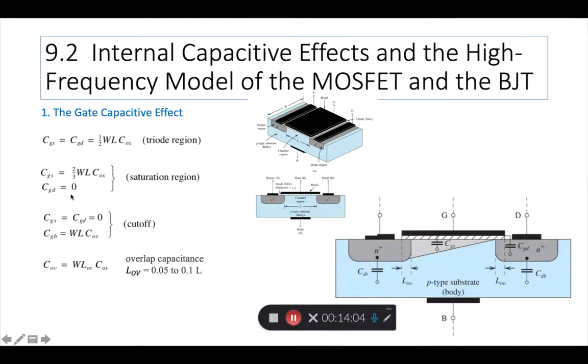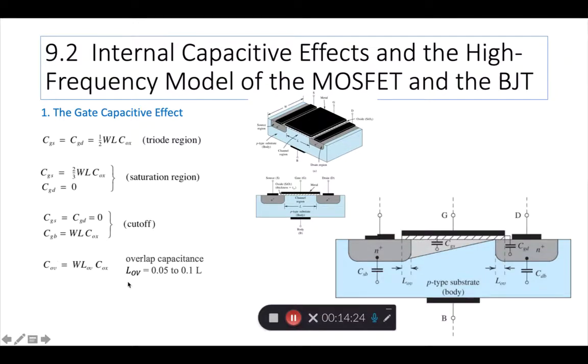Now the gate to body is not shown here in triode and saturation, so I assume it's 0. So you have all these formulas to tell you what exactly these three gate effect capacitances are: CGS, CGD, CGB.